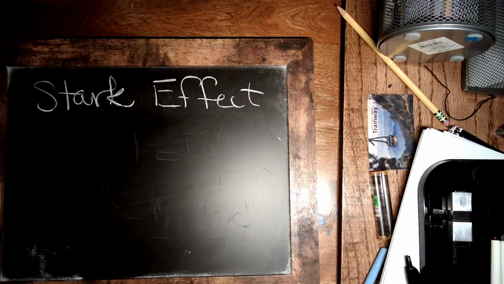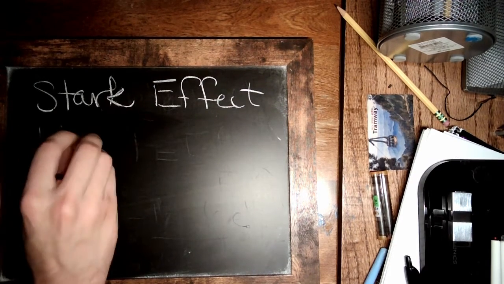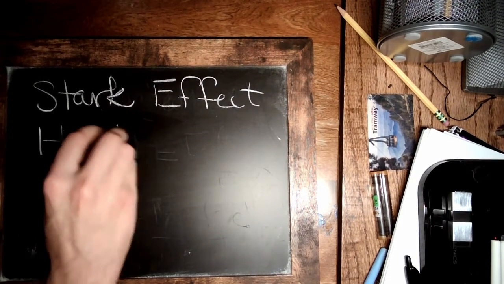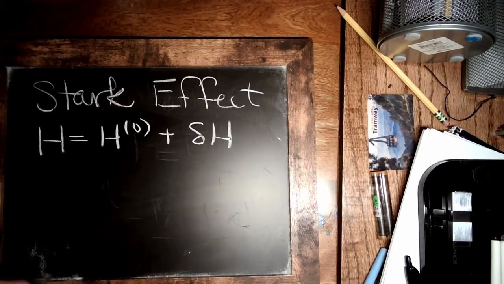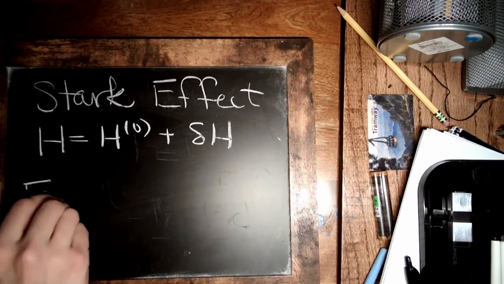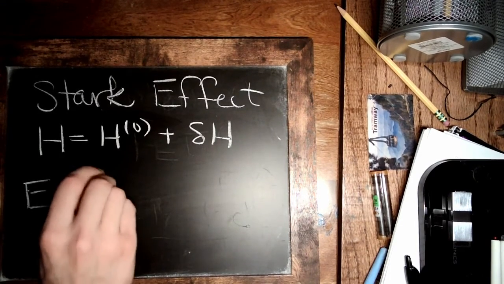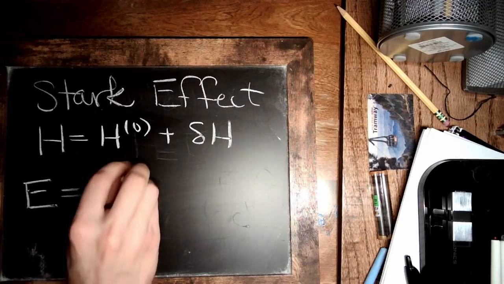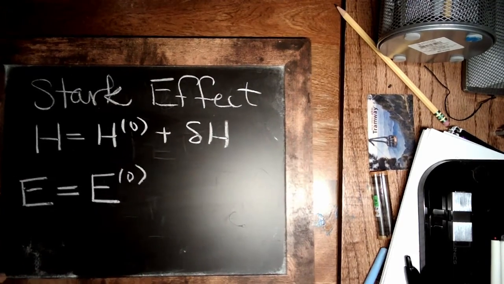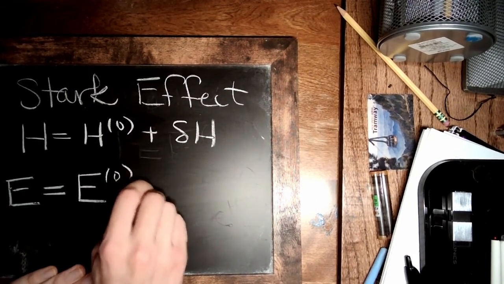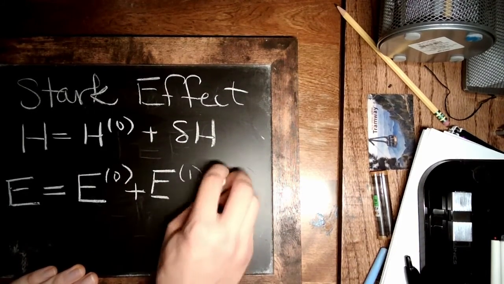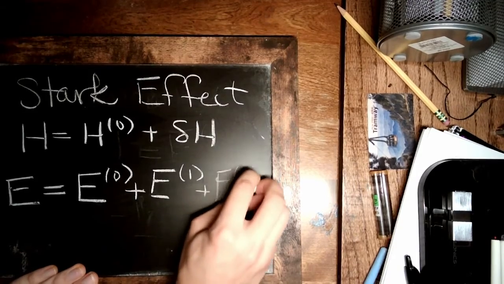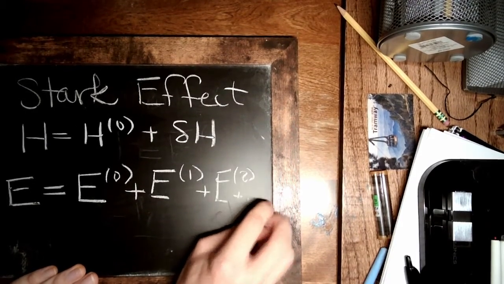So the basic premise in perturbation theory is that if we take H and we write it as H0 plus some small correction, the energy, which initially was just E0, which is what we had before, is now going to get a series of correction terms. First order term, second order term, plus an infinite number of them.